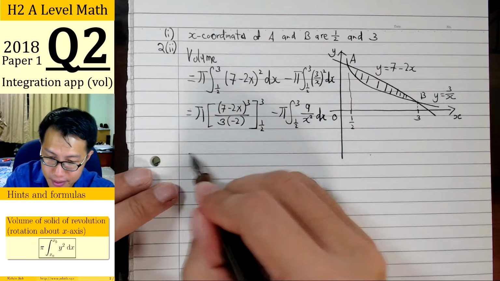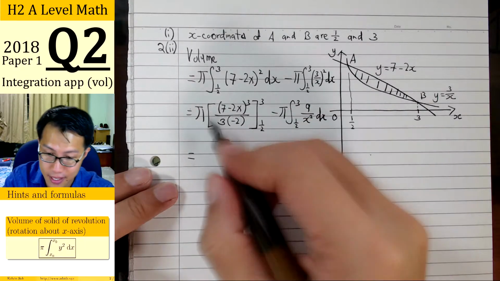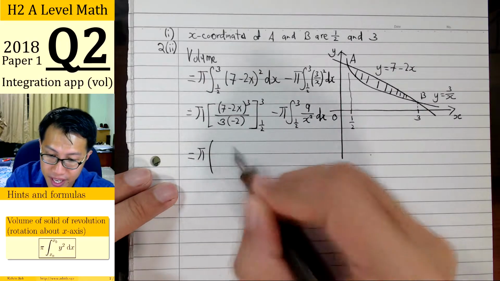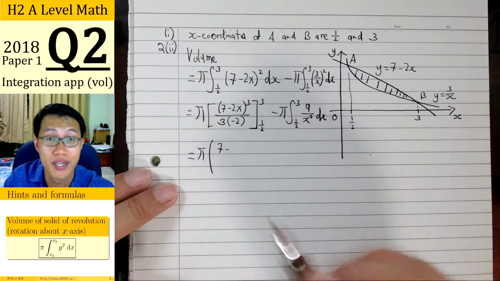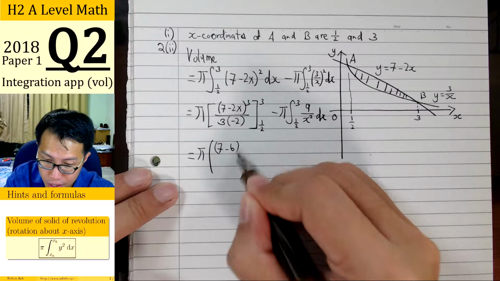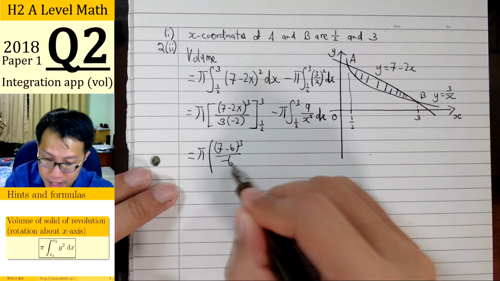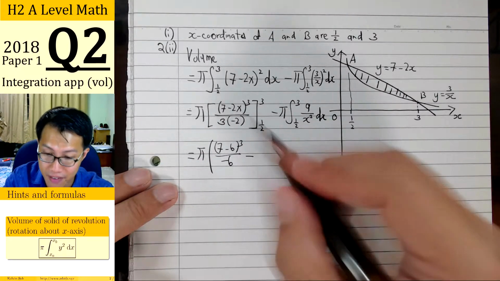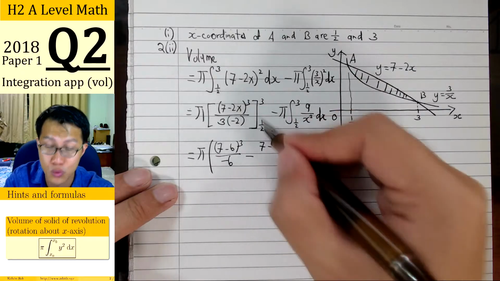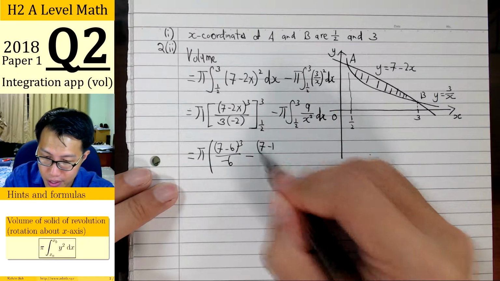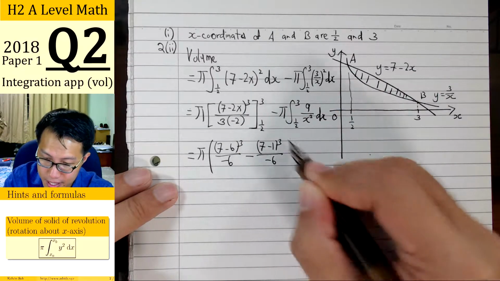Okay, so now let's sub in the limits. Subbing in 3 gives us 7 minus 2 times 3, which gives us 6 cubed over minus 6, minus, subbing in half gives us 7 minus 2 times half is 1 cubed over minus 6.